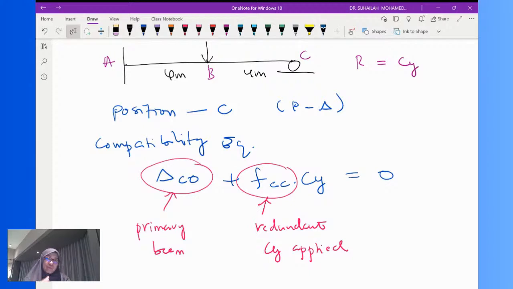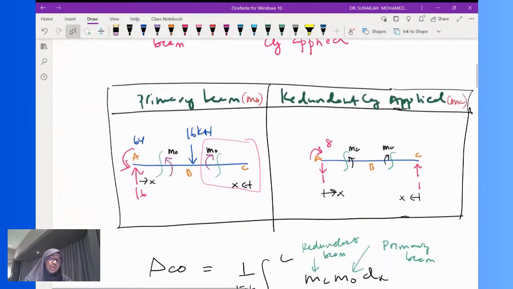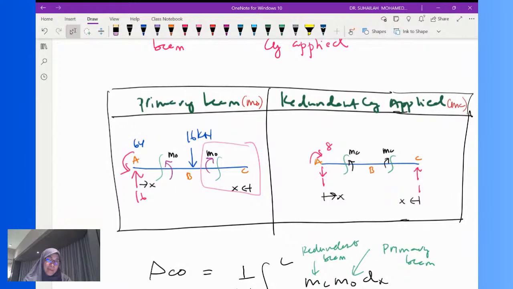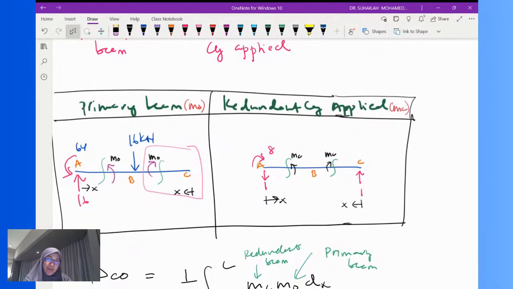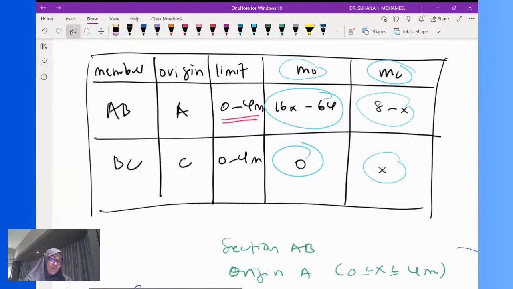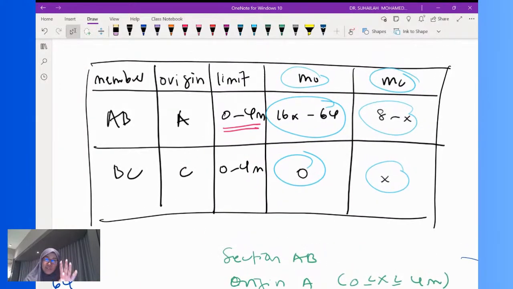We have two displacements, and we get displacement from the moment equation, which we get from the reaction. That is why we start from reaction in two systems, primary system and redundant system.